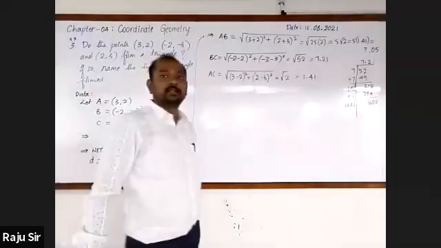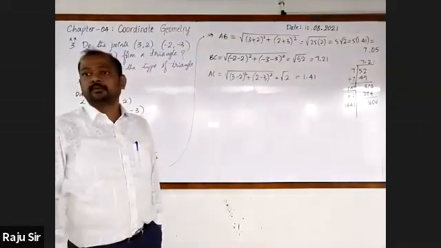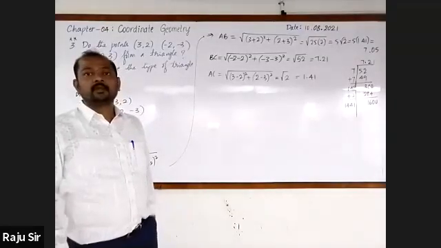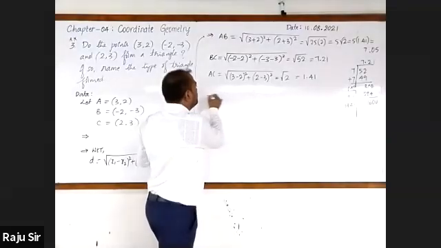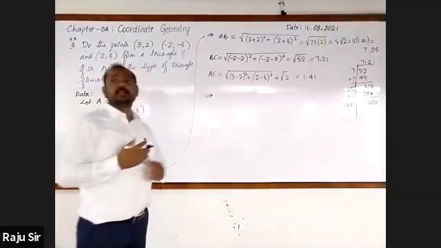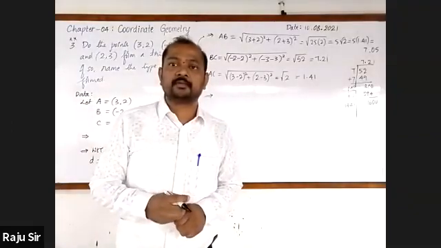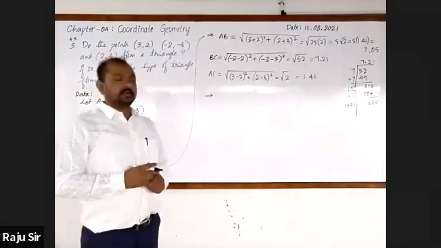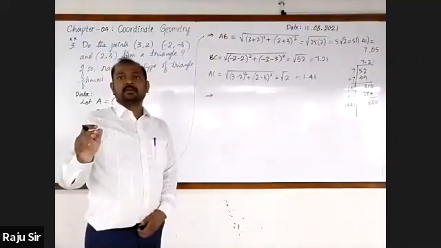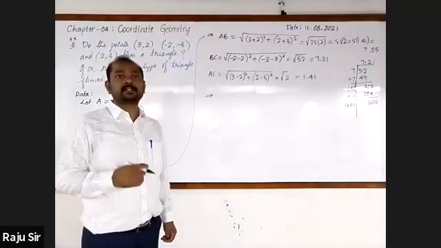Now you check whether these 3 points will form a triangle. What do you say? Yes, sir. How do you come to know whether these 3 points will form a triangle? We know, sir, that the sum of any 2 sides is greater than the third side.